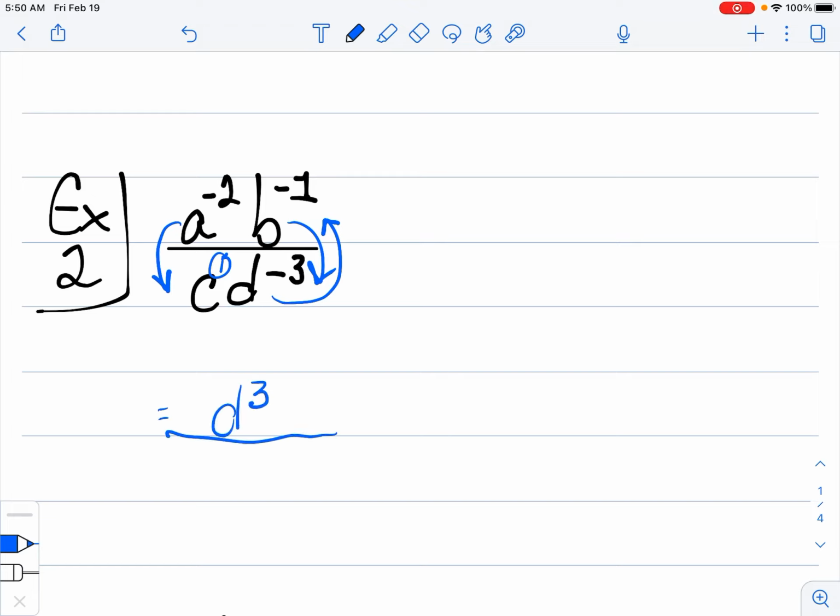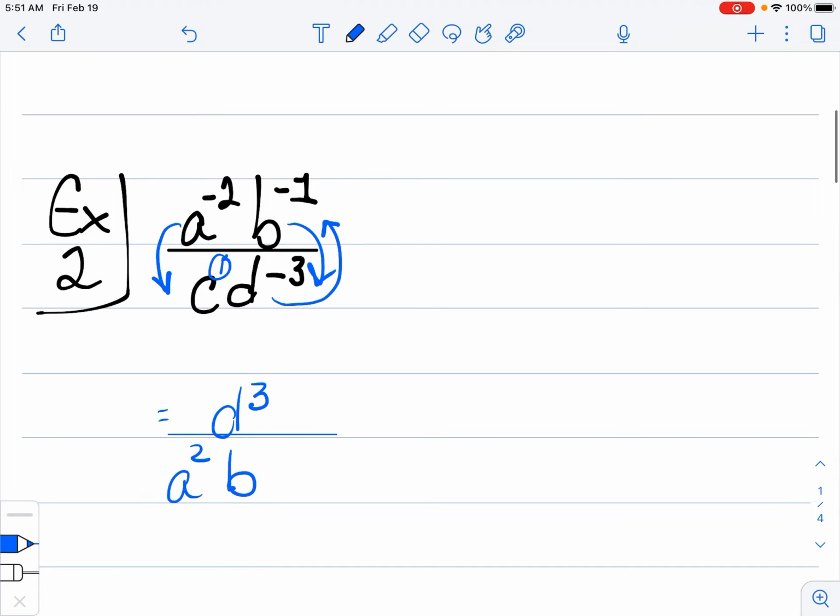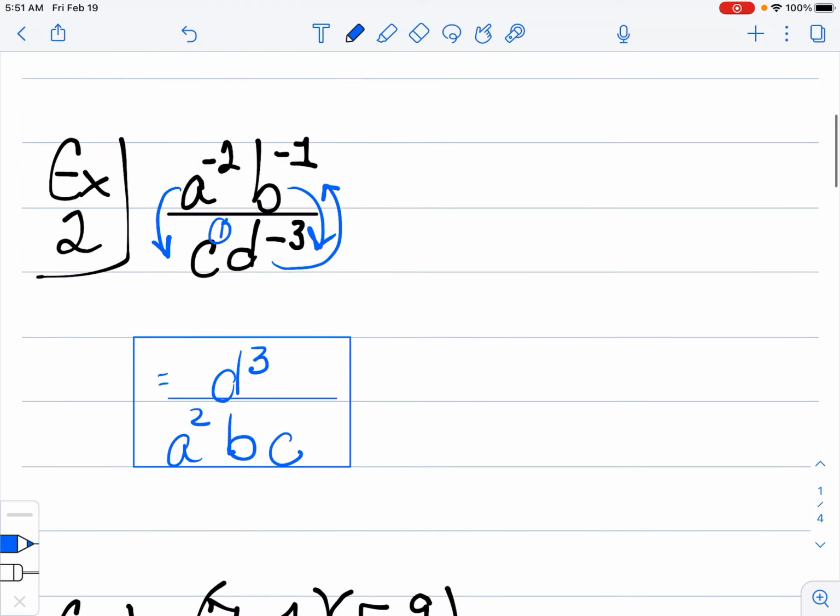Go ahead and draw my fraction bar here. And underneath that, I'm going to have a squared, b to the first, and then c to the first. And then we usually write the variable bases in alphabetical order in our final answer. So then this answer is done. Let's move on to example 3.